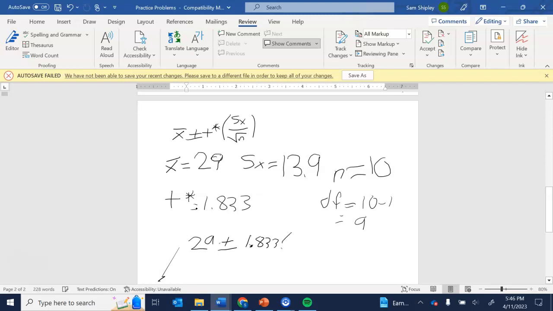We'll get our parentheses going. Sx is 13.9, square root of n is 10. Like in the other video with the p interval to the z interval, do this part in your calculator first, because if you do it all at once, you're going to get the wrong answer.